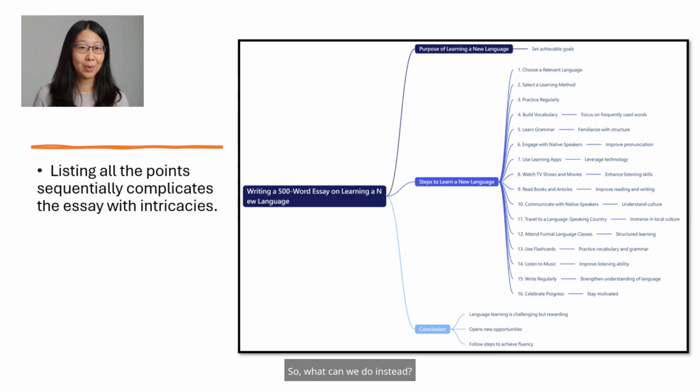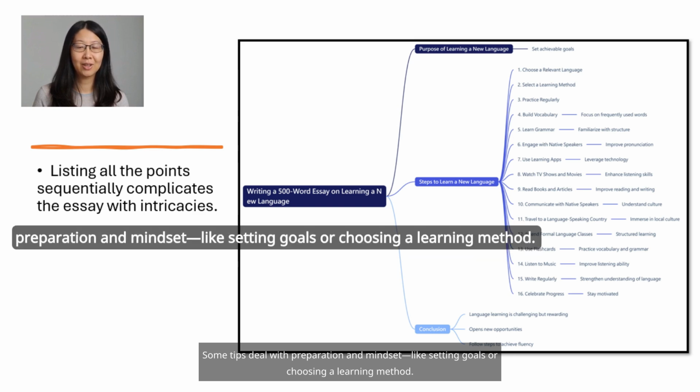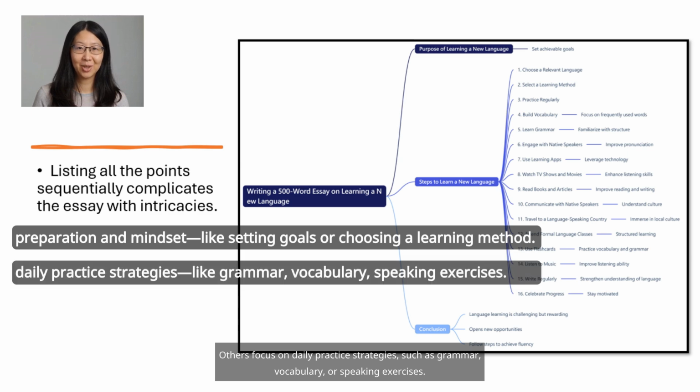So, what can we do instead? We'll focus on grouping these points into broader themes or stages of the learning process. For example, some tips deal with preparation and mindset, like setting goals or choosing a learning method. Others focus on daily practice strategies, such as grammar, vocabulary, or speaking exercises.